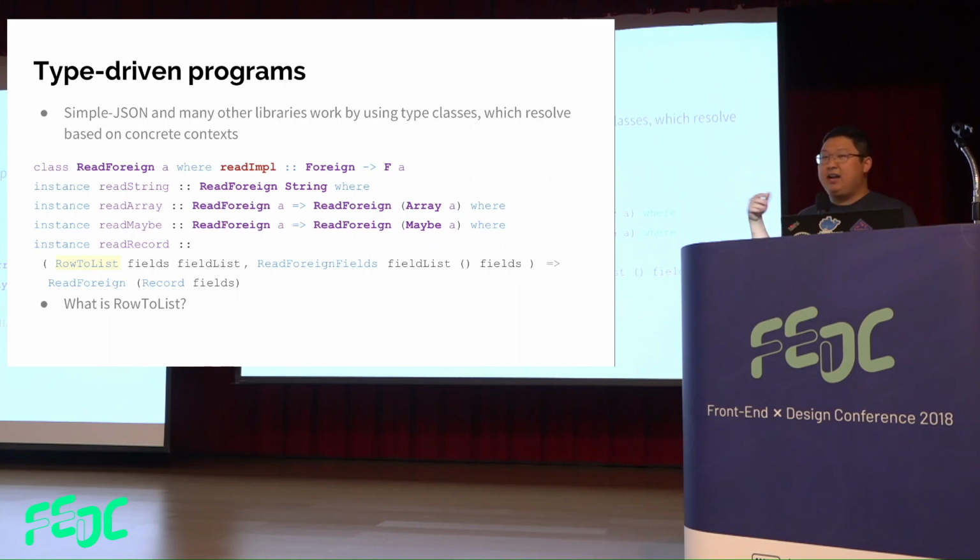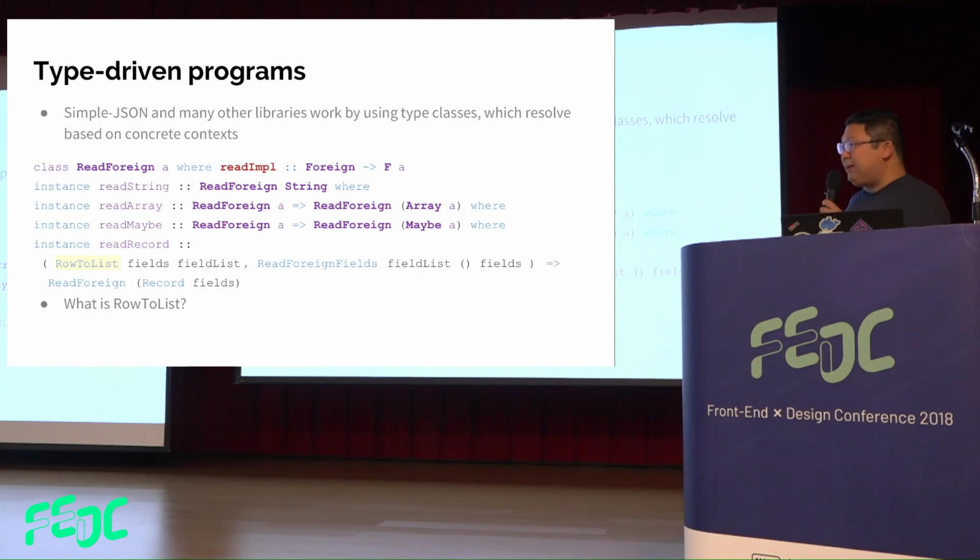It says, okay, I know how to read an array, but what are the actual inner elements? So this asserts that A must be in the set of types that have an instance for ReadForeign. So if I want to read out to an Array Int, then I can read out that each thing is going to be an Int.